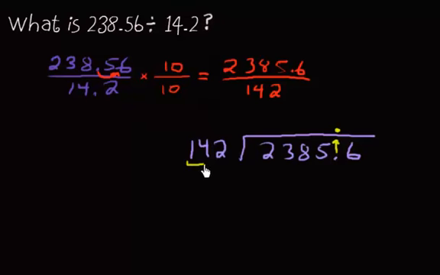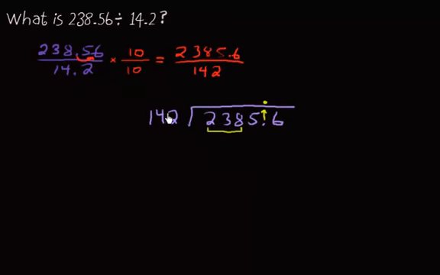So how many times does 142 go into 2? Well, none. How about 23? Nope, still 0. How about 238? Well, now we're getting somewhere. It definitely goes in at least once, so let's see what happens when we try twice. So we get 2 times 2 is 4, 2 times 4 is 8, 2 times 1 is 2.